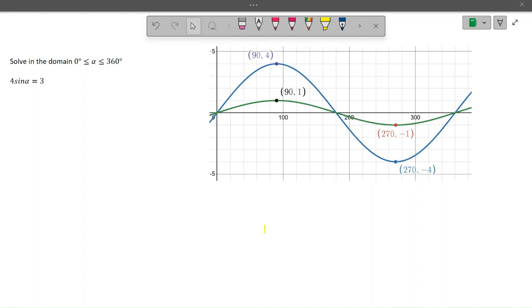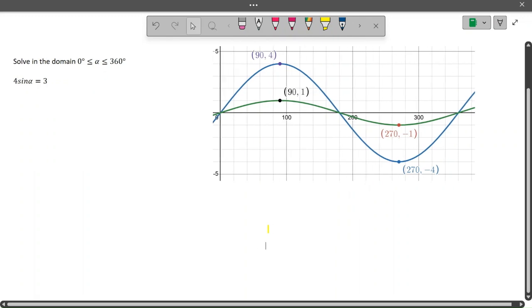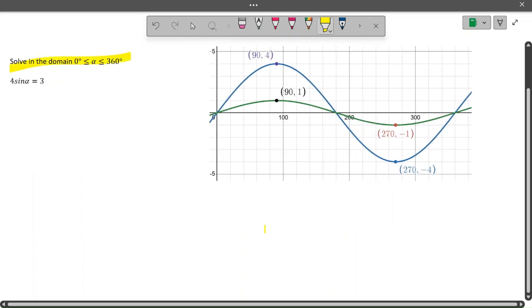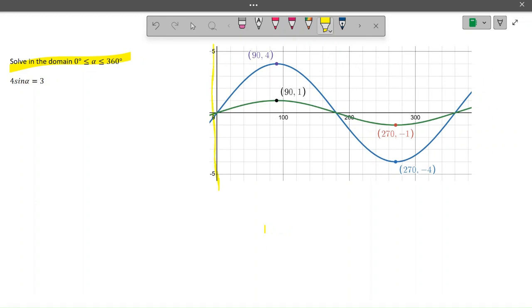All right, we're going to start solving our next equation. So we have 4 sine of, that variable is alpha, equals 3. So like we always do, we are going to start by looking at our domain, and we are once again within the domain of 0 and 360 degrees. So our solutions are going to fall within this domain.